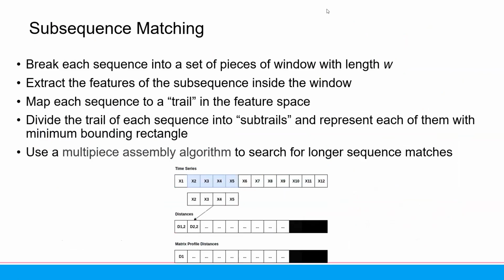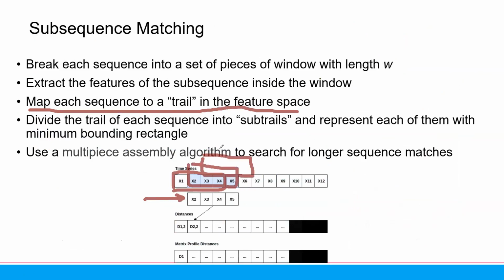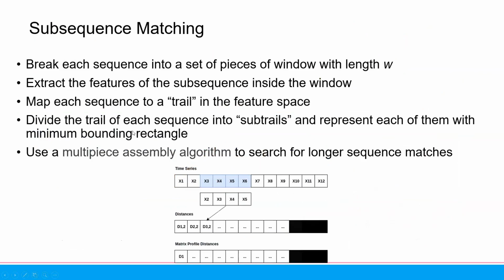We can map each sequence to a trail in the feature space. So this is the trail. So we can do first, and then second, and then the third, and then the fourth, and so on. So divide the trail of each sequence into subtrails and represent each of them with a minimum bounding rectangle.